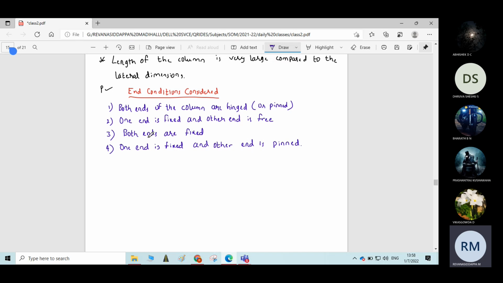But the principle behind deriving the equation is the same for all the cases. Only the formula and taking the moment will differ. If you properly understand one particular derivation, you can easily understand the next ones.